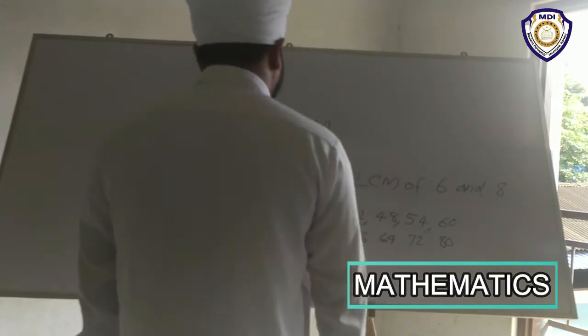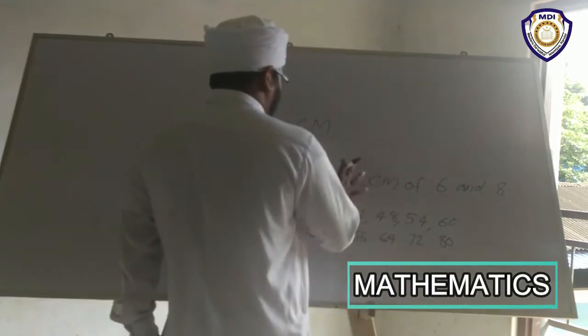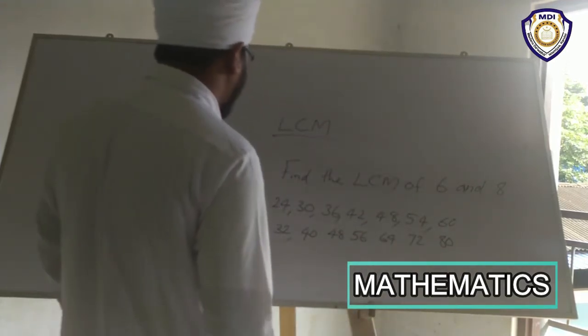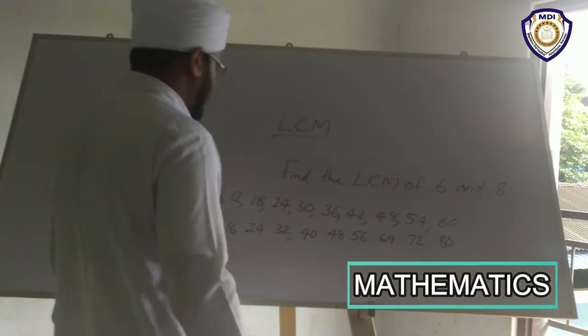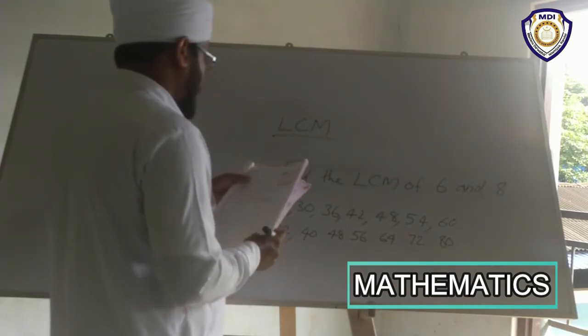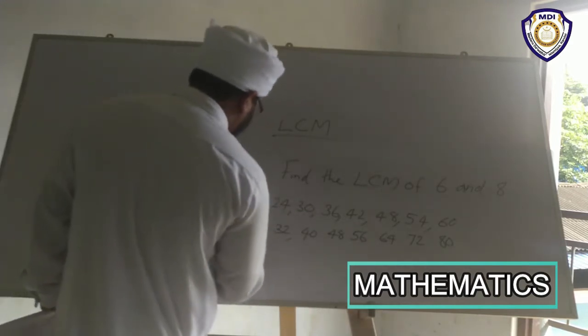These are the 10 multiples of 8. Then we have to find the LCM. Which is the LCM here? We find the common multiples. Which are the common multiples?